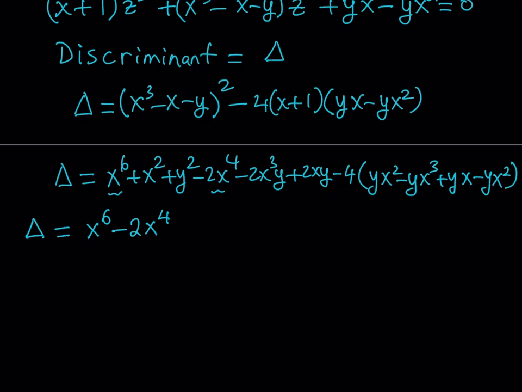And then, which terms come with x cubed? Okay, let's take a look at that one. Well, I do have minus 2yx cubed, and then I do have plus 4yx cubed. And obviously their sum is going to be positive 2yx cubed, right? Cool. That takes care of that. And then, do I have any other x cubed? No, I don't.